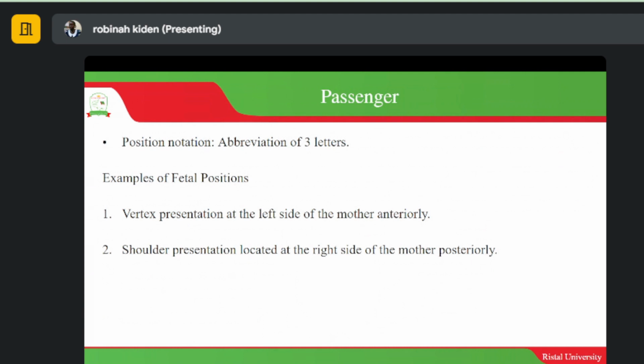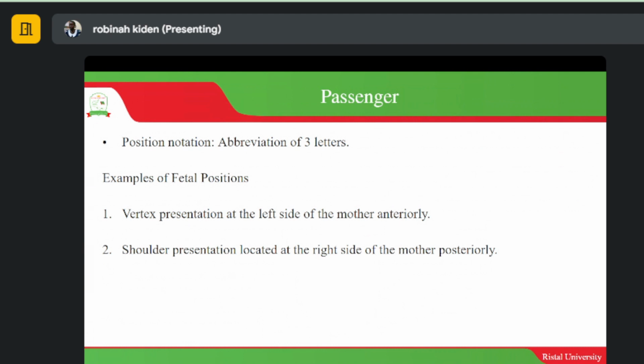Position notation. So here we have examples. For the vertex presentation, it can be left or right. This is dependent on which side the posterior fontanelle has been felt. So the posterior fontanelle will determine the position where the baby is positioned.